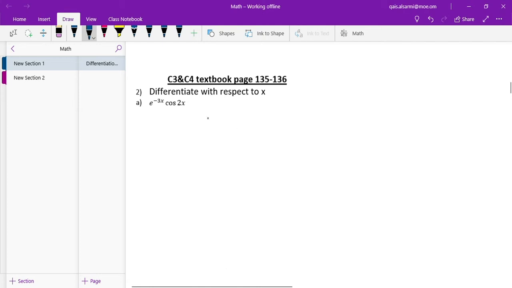It is page 135 in your textbook. Differentiate with respect to x. To differentiate here with respect to x, you have to notice that e power negative 3x times cosine 2x will lead to product rule. Okay? The first function is e.